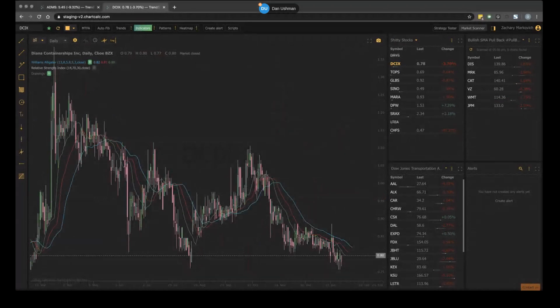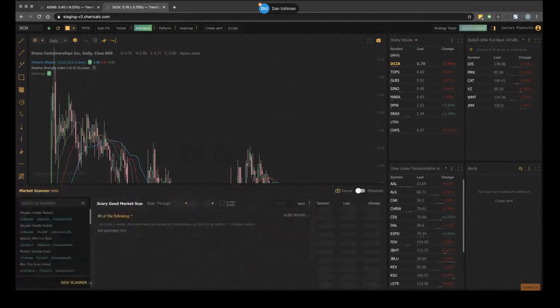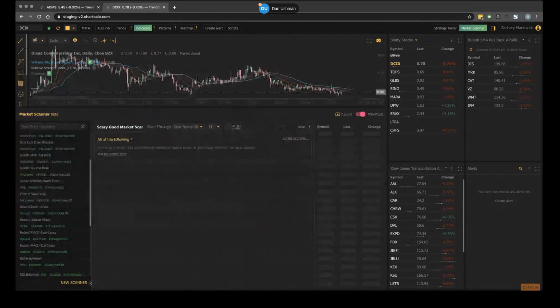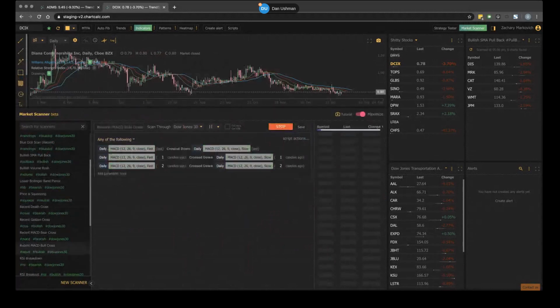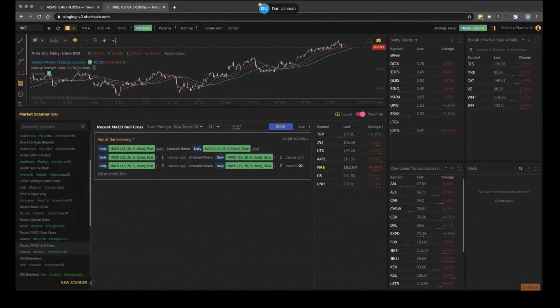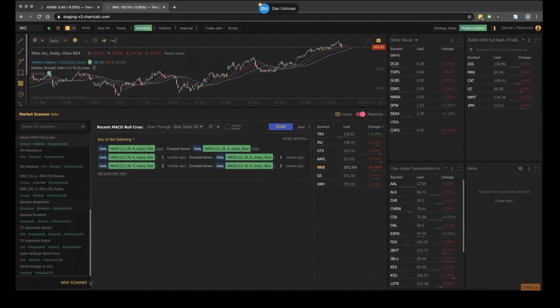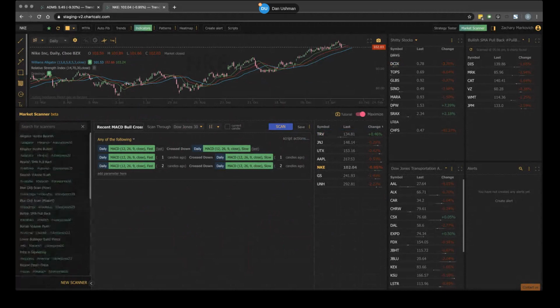There's a ton of other things that I'd love to show you. Some of these pre-built scans that the system comes with are really cool. We've got all the standard strategies like MACD crosses, if you're interested in that, where you can search for what stocks in a particular index have had a recent MACD cross. We've got sequenced ones. We've got Ichimoku, TTM squeezes, all kinds of different scans that are pre-built.